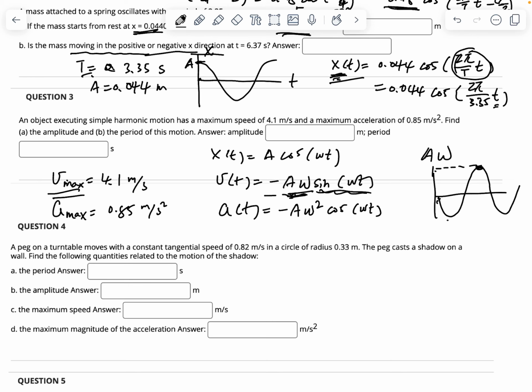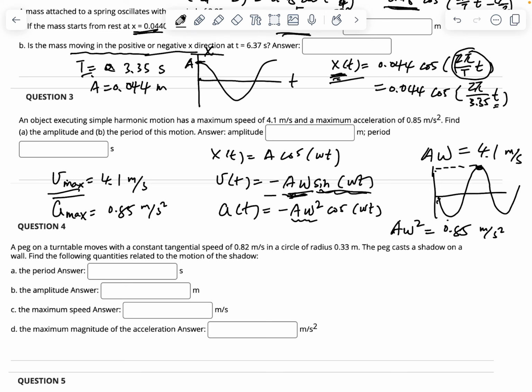So A omega equals 4.1 meters per second. And they also tell you the maximum acceleration. A omega squared is the maximum acceleration, so A omega squared equals 0.85 meters per second squared.